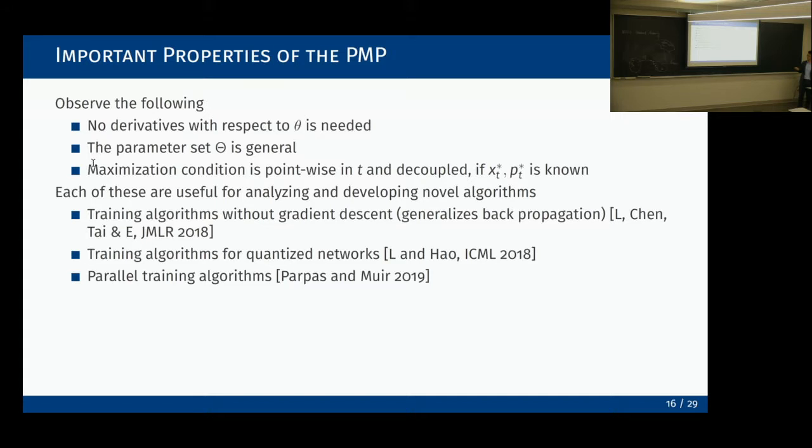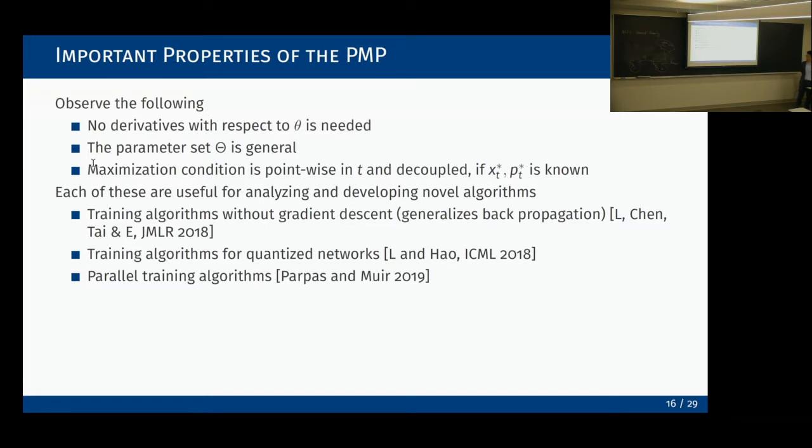Moreover, because the parameter set is very general, you can also derive training algorithms for special kinds of networks, like quantized networks. Quantized networks are those where your weights are not just any value, but you constrain them to be, say, +1 or -1. For a lot of applications this is very useful because you can store the weights in a much more compact form. In that case, naive gradient descent is not going to work, because if you do gradient descent, you're no longer at +1 or -1.